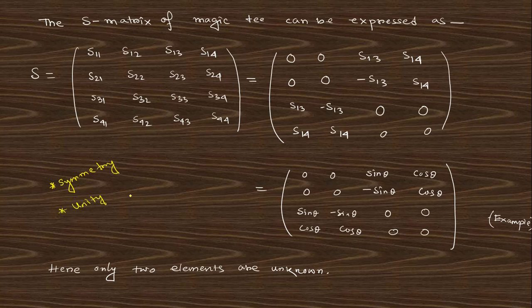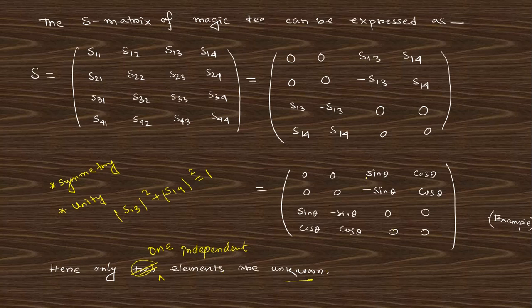If you use the unity property, you can see S13 square plus S14 square will be 1. So these two are dependent, and there is only one independent element unknown.